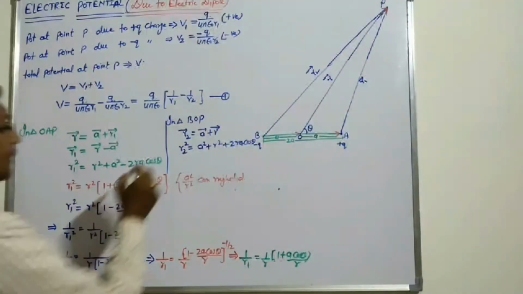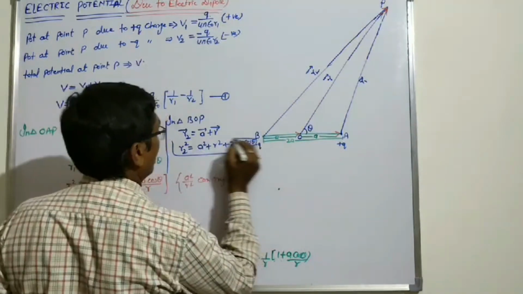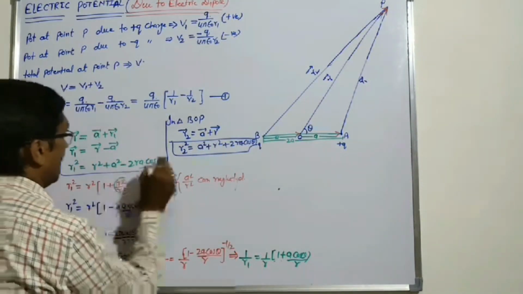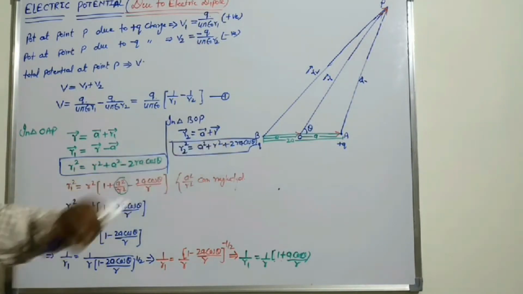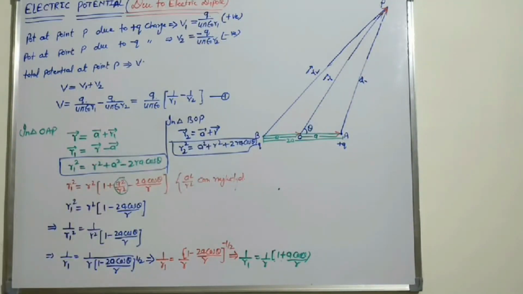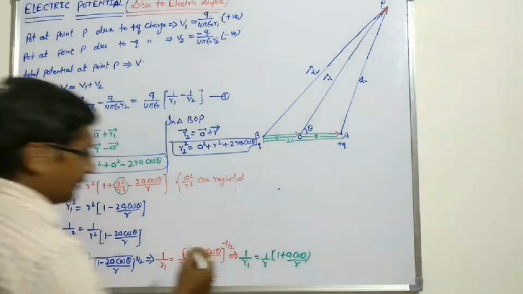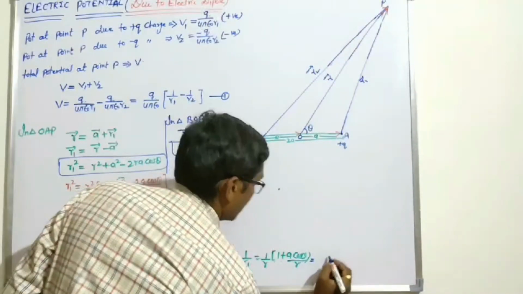So look here, the expression has a minus sign and here a positive sign. So after solving we get this, and further we can solve this step.